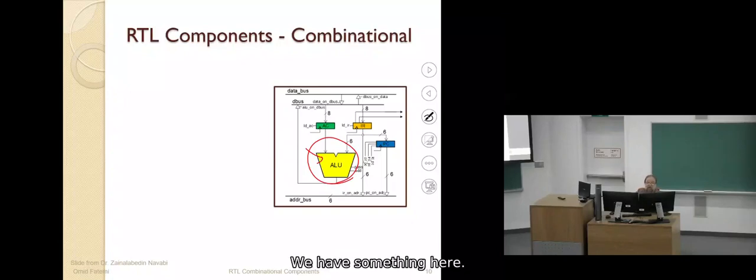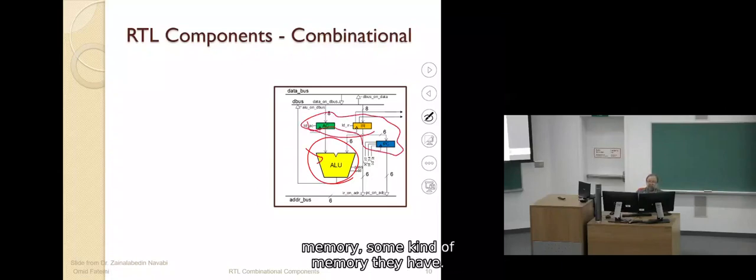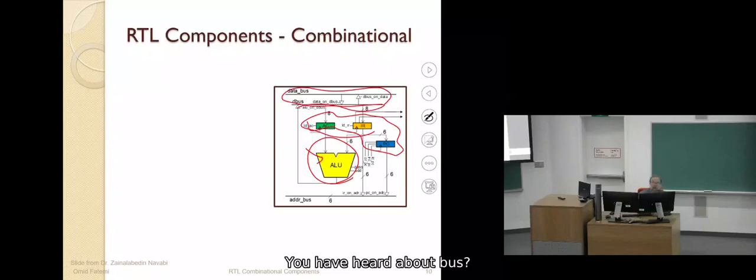So this is combinational. We have something here which are registers. Some kind of memory they have, and these are also in our processor. We have something here which I call the bus. You have heard about bus, yeah? Did you?